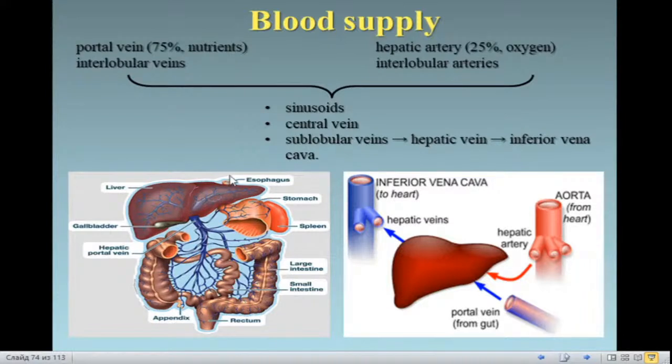Purified nutrients inside the hepatic veins. Also, the liver is producing bile. That's why the bile ducts, right and left, are also coming out of the liver porta.